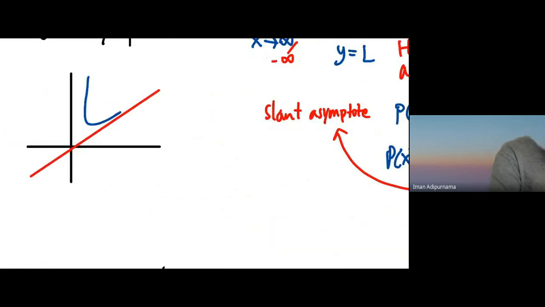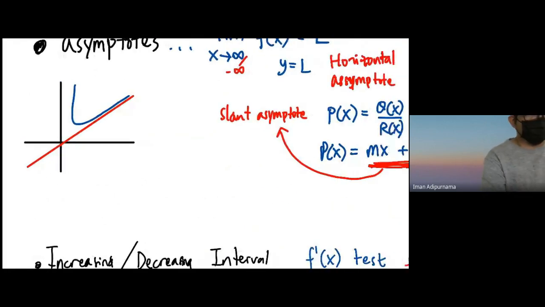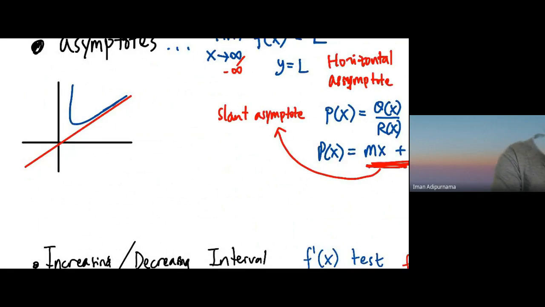It should be closer like that, getting closer and closer. This red line is mx plus b. The curve is here.